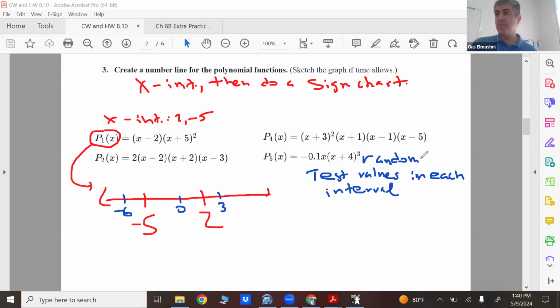Test random values in each interval. So the x-intercepts act as your partitions. See how I partitioned that number line with the x-intercepts? Does that make sense? So -2 and -5 are your partitions. And I'm testing random values in each interval. Okay, so what you do, we'll make a little table.